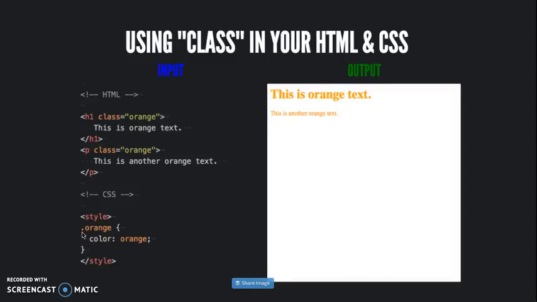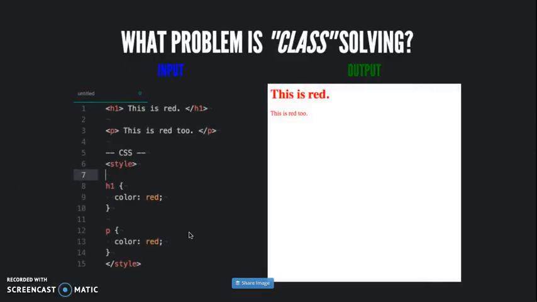Now we've got a dot orange class selector with a color of orange. And you'll notice that if you compare the two, the style code in our class selector is a lot smaller and has a similar output compared to styling them both separately.